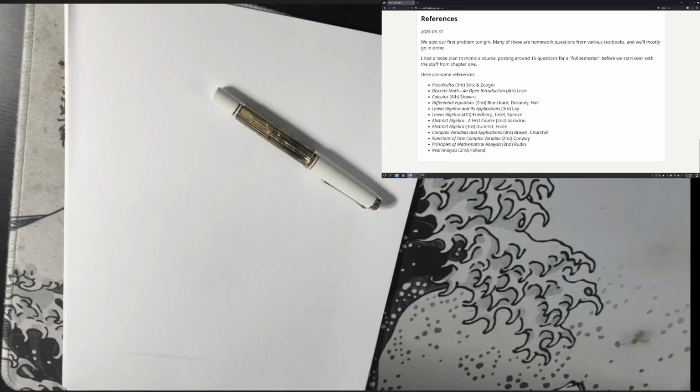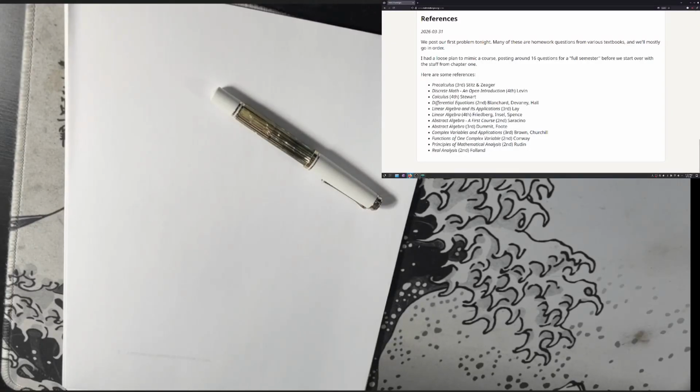Same with Conway. Right now I'm using a simpler, undergraduate-level introduction, Brown and Churchill, to do complex variable questions. But next year, it could be a little more proof-based, using Conway.